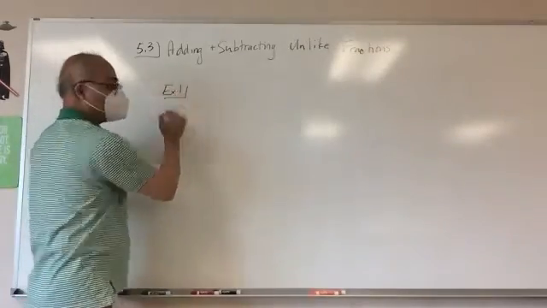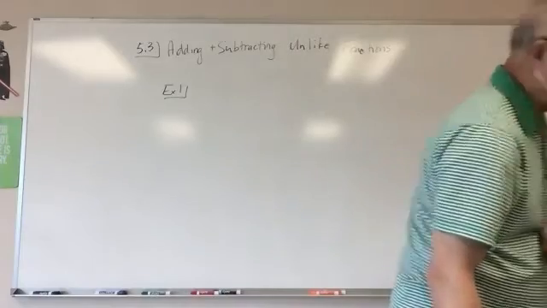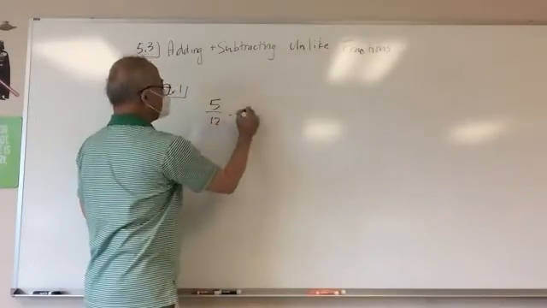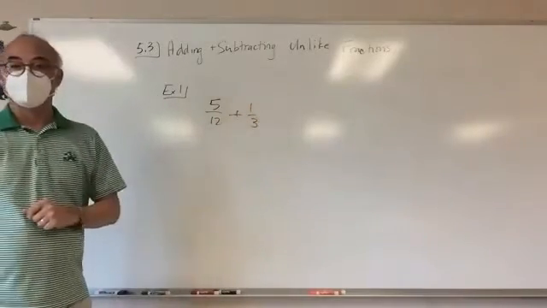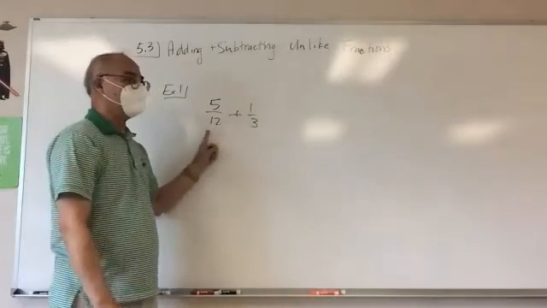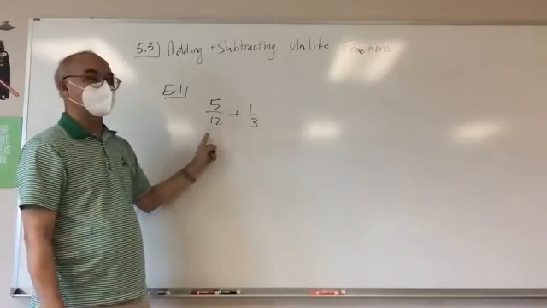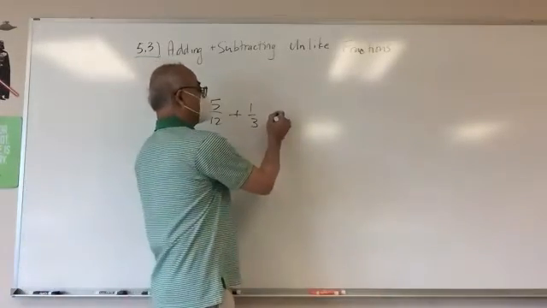Example number 1, I have 5 over 12 plus 1 over 3. Again, I do not have the same denominators. So I have to find the least common multiple of 3 and 12.